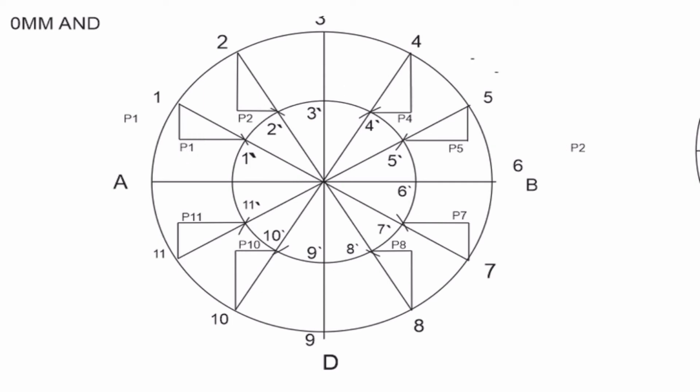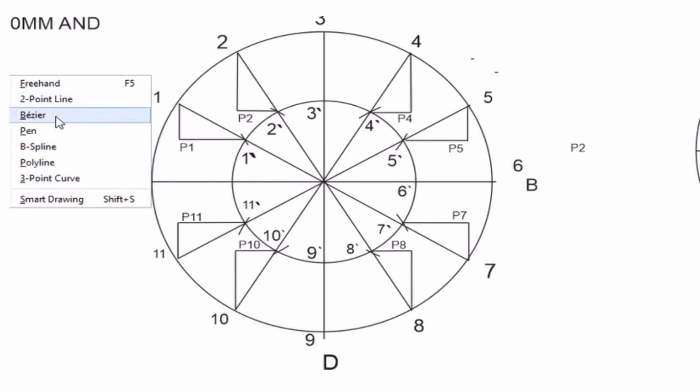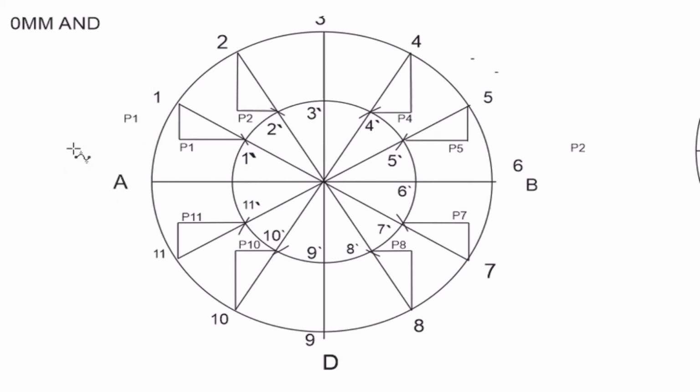The next thing we have to do is to draw our curve, because these points are used to generate our ellipse. Remember, an ellipse is a conic section. Using your French curve, draw a smooth line through all the points. Make sure your line is smooth and goes round the curve.